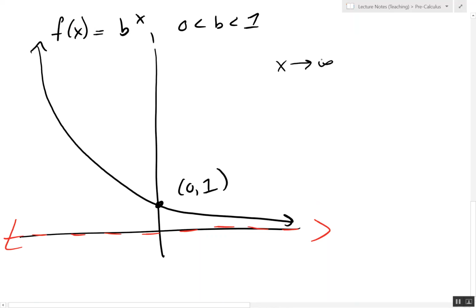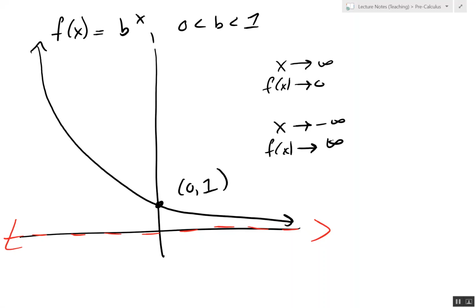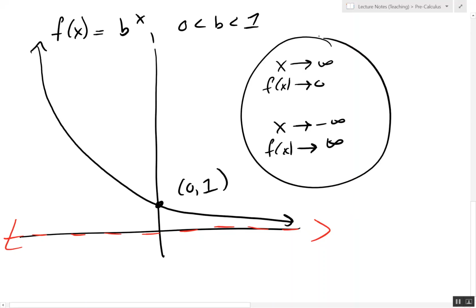As x goes to infinity, f of x goes to 0. And as x goes to negative infinity, f of x will go to positive infinity. So this is another pattern you should know. In particular, again, the biggest thing besides always going through 0, 1 is the end behavior here.